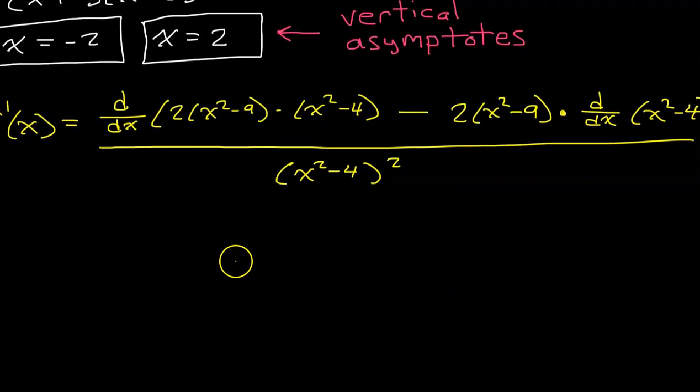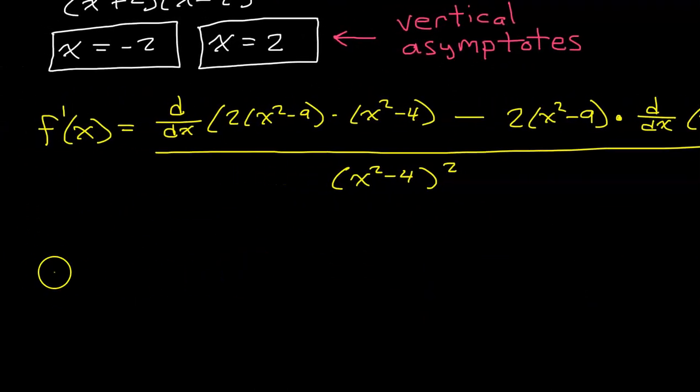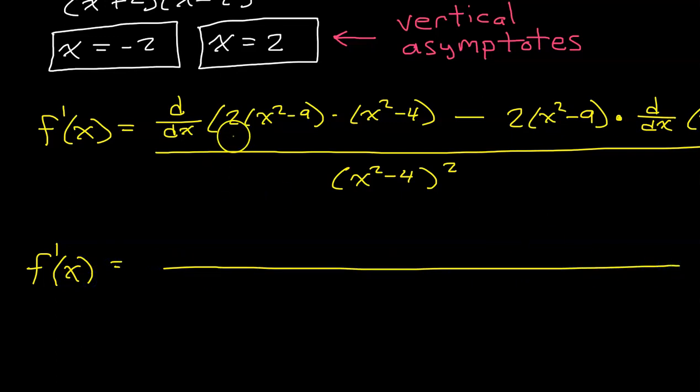So let's go ahead and calculate some of these derivatives. So we have f prime of x will equal, okay, so the derivative of this first expression here is going to be 2 times, taking the derivative doesn't affect the constant in front. So I'm just using the power rule, so I'm bringing that 2 to the front, so that'll be 2x.